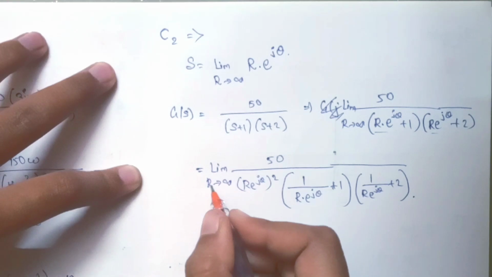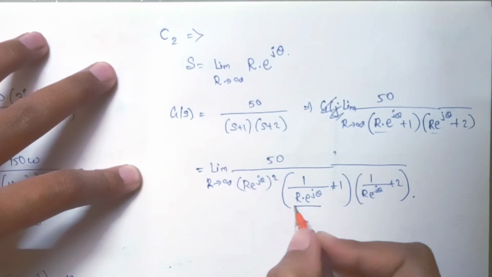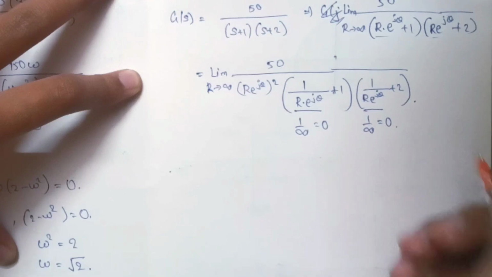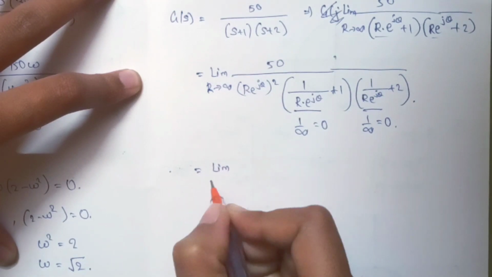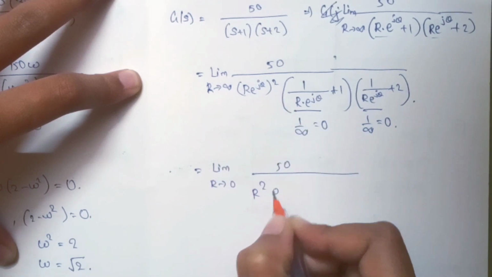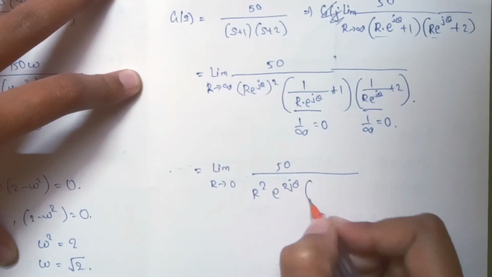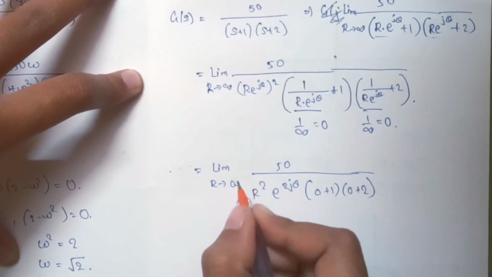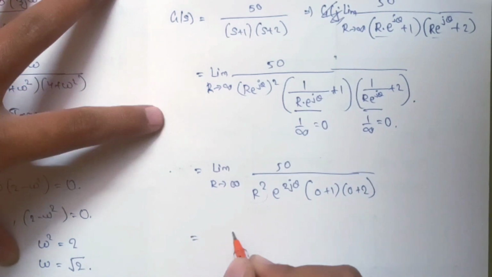As R tends to infinity, this will become 1 by infinity, so it is 0, and also this will become 1 by infinity, this is 0. So when we substitute that equal to 0, we will separate these terms as R square and e to the power 2j theta. This is 0 plus 1 and this is 0 plus 2. Now we will substitute this as infinity.